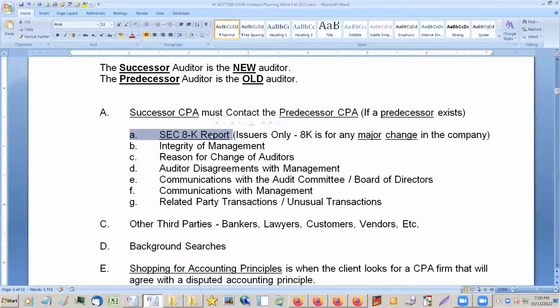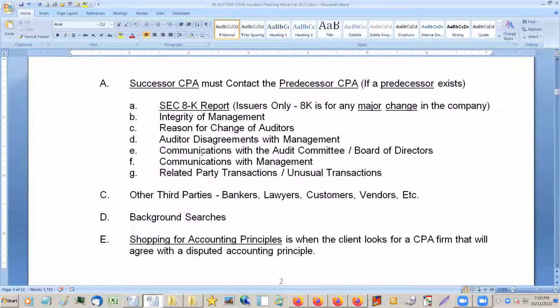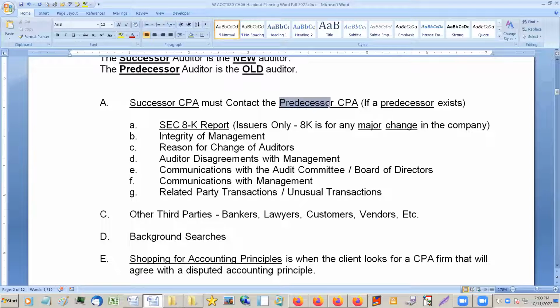Sometimes they happen together, the 8K report and the new auditor coming in, but sometimes they happen apart. And if they do happen apart, you can look at the 8K report and see if there's any problems.